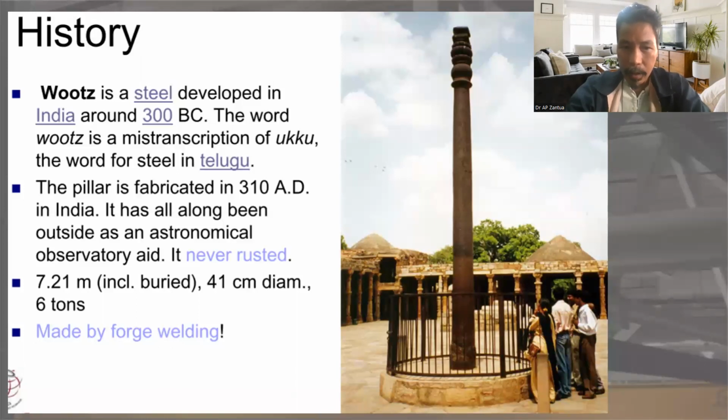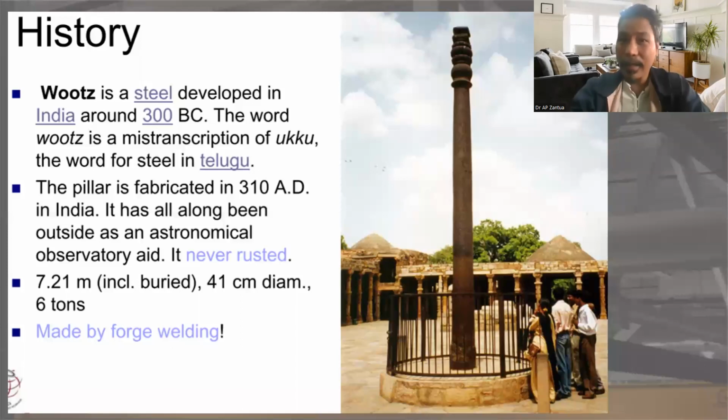It has all along been outside as an astronomical observatory aid. So you can see in this picture the steel structure. Just a column or just a post, but its usage is for astronomical observatory aid. It is a fixed structure on Earth which would give us the reflection from the moon and sun.